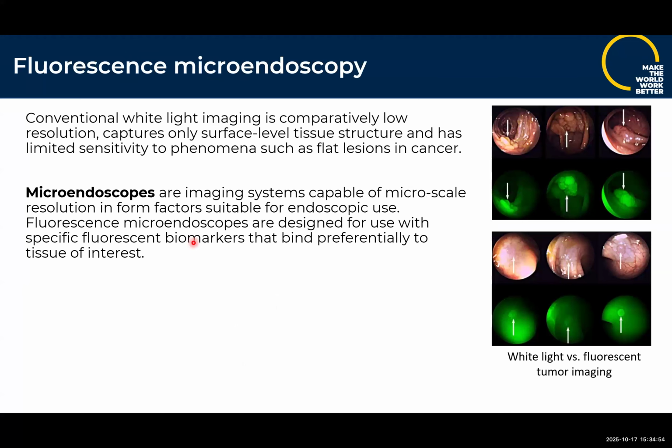So if flat lesions are a problem in white light, one of the potential solutions is to use fluorescence-based imaging, and particularly fluorescence-based microscopic imaging, meaning resolutions down to a few micron scale. Regular polyps might be very easy to identify in the gastrointestinal tract, but flat lesions, it's not impossible to tell where they are, but much more difficult.